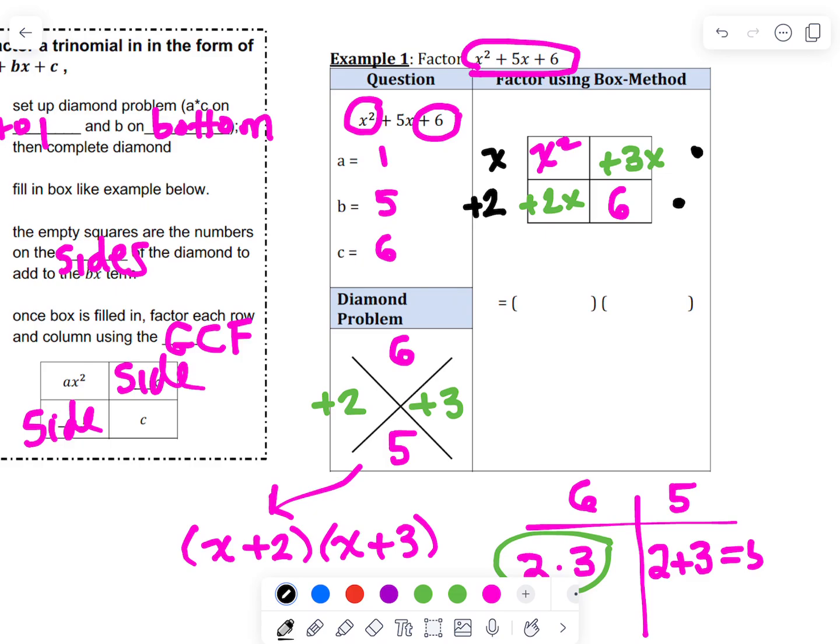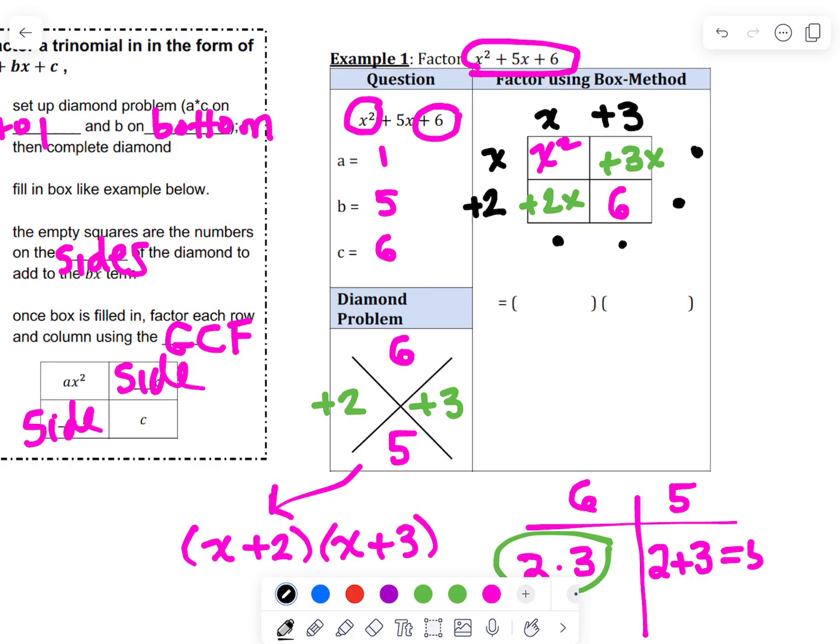Then we go to the first column. What's the GCF of x squared and 2x? Well, that is x. Then we go to the second column. What's the GCF of 3x and 6? That's positive 3. If you look at those black terms and you multiply them back together, you're going to end up with the green and pink terms.